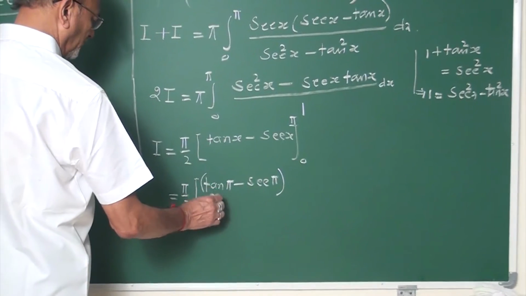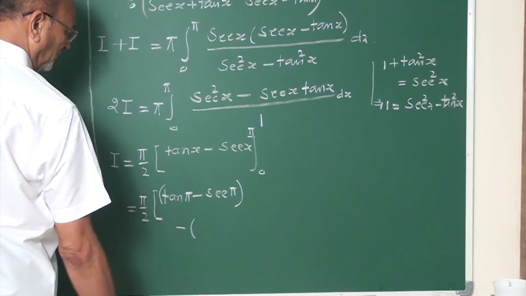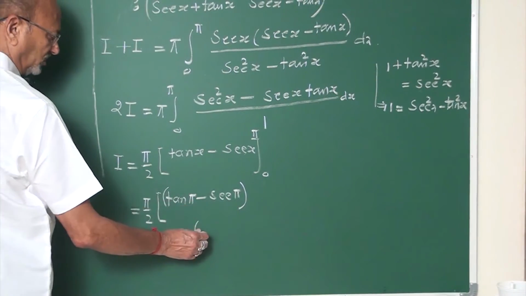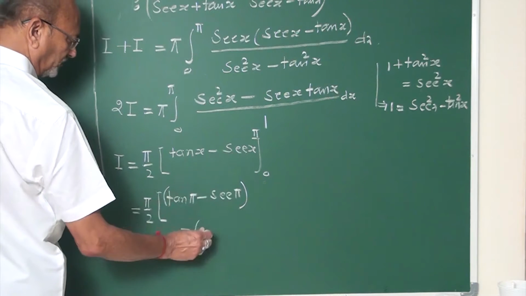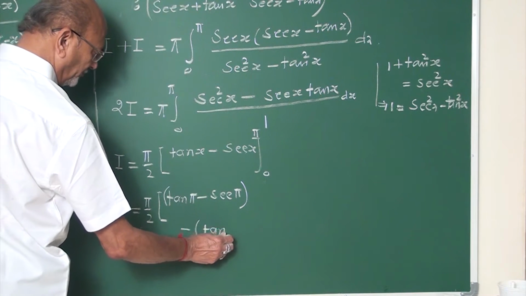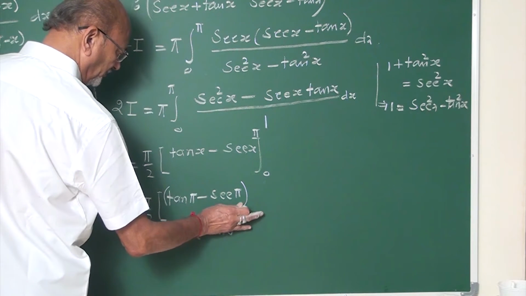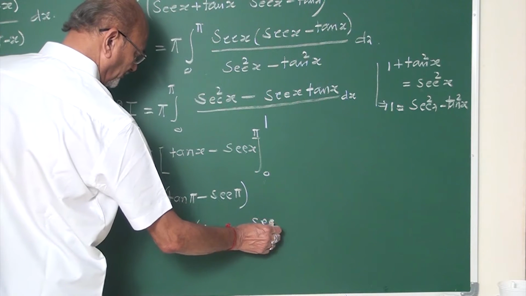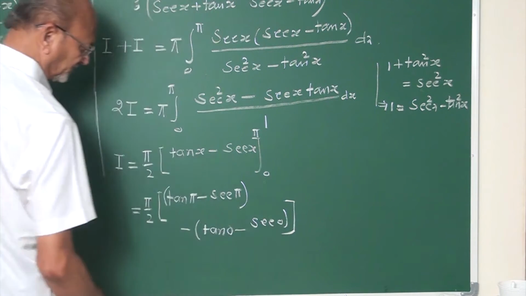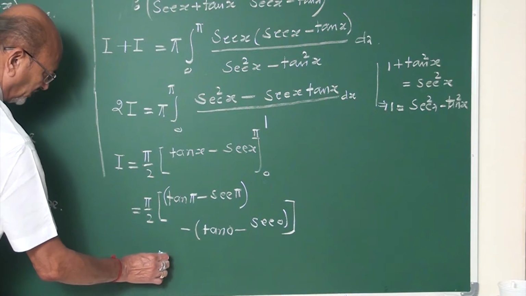This is upper minus lower. Put x equal to 0: tan 0, sec 0. Yes, friend, this is pi by 2.